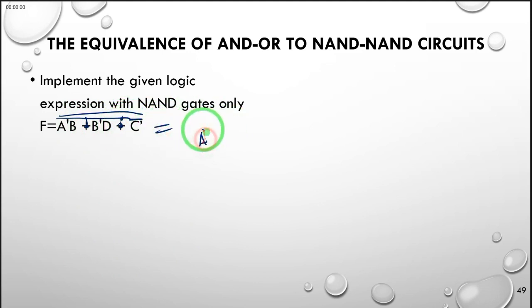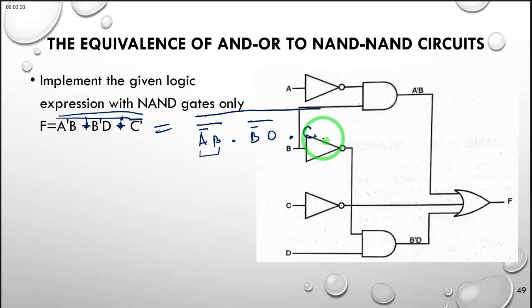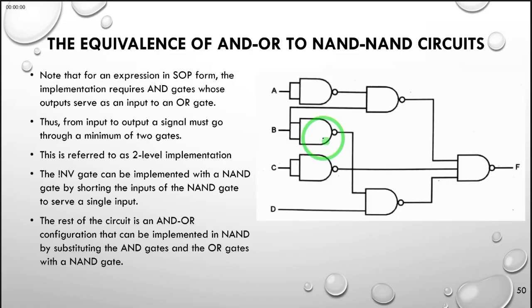That will end up with A bar B, that bar comes there, dot B bar D bar, dot C bar cancels out, and our outer bar comes right there. Therefore, this can be implemented using an inverter, which is a NAND gate. This is an OR gate, which again, inverted, becomes an AND. Similarly, all these can now be implemented using an inverter and a NAND gate. So this is what this equation represents. And finally, this becomes our NAND equivalent.